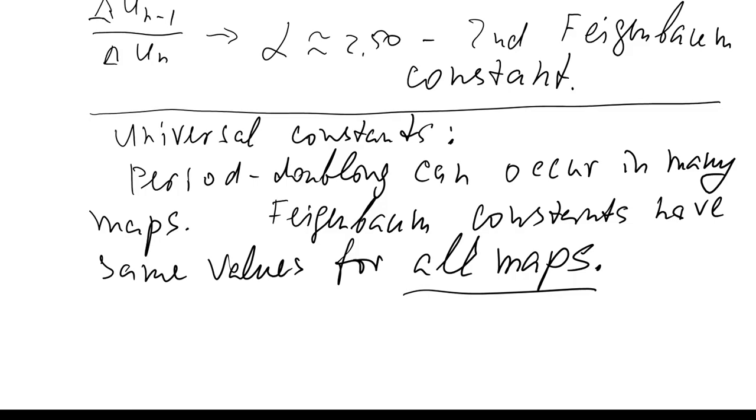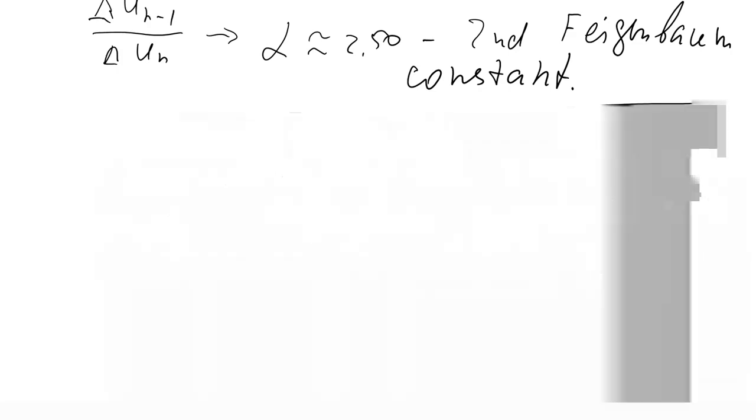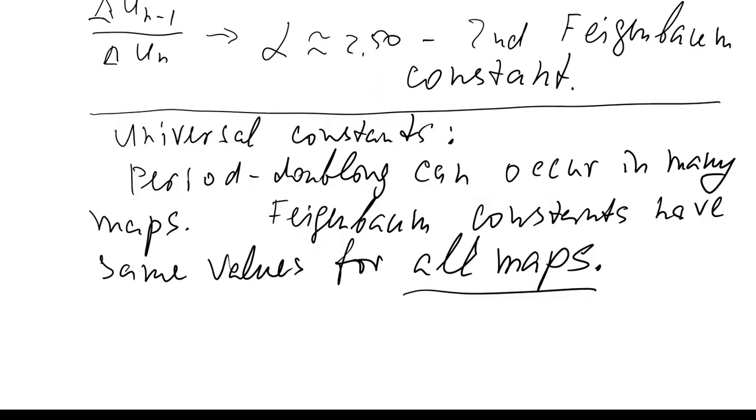Whenever we see a period doubling cascade in whatever map, then we can definitely state that there are two scaling constants, scaling along the parameter and scaling along our variable, and these two scalings are given by the first and second Feigenbaum constants. Both constants eventually can be derived according to a certain theory.